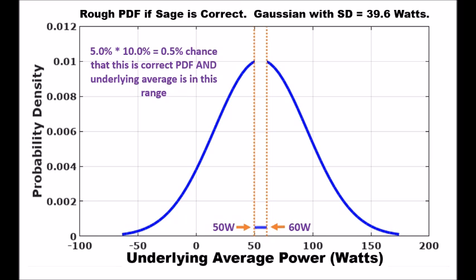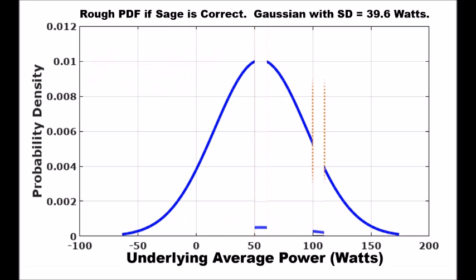Yep. It must also be reduced by the chance that this is the applicable PDF. So we multiply it by 5% as well. In fact, we should do this for the entire curve since there's nothing special about the power ranges that I've chosen here. So the entire curve should get multiplied by 0.05 as follows.